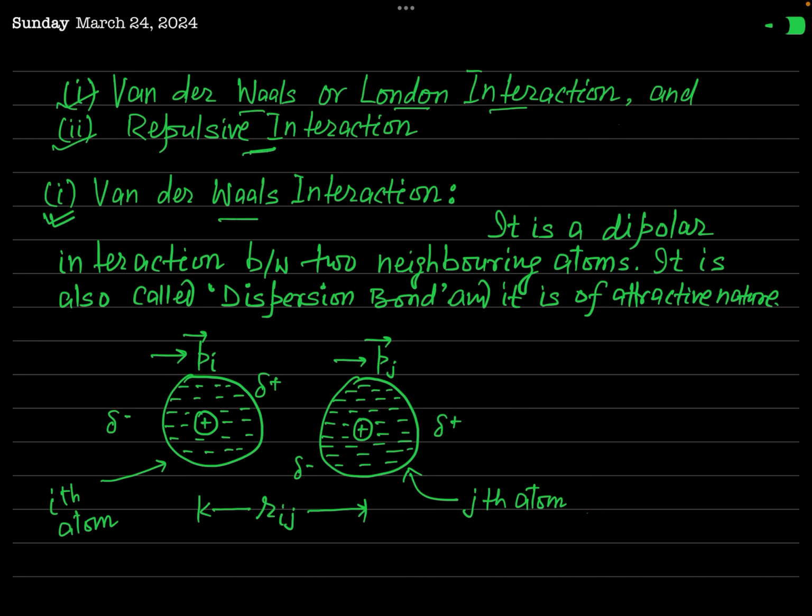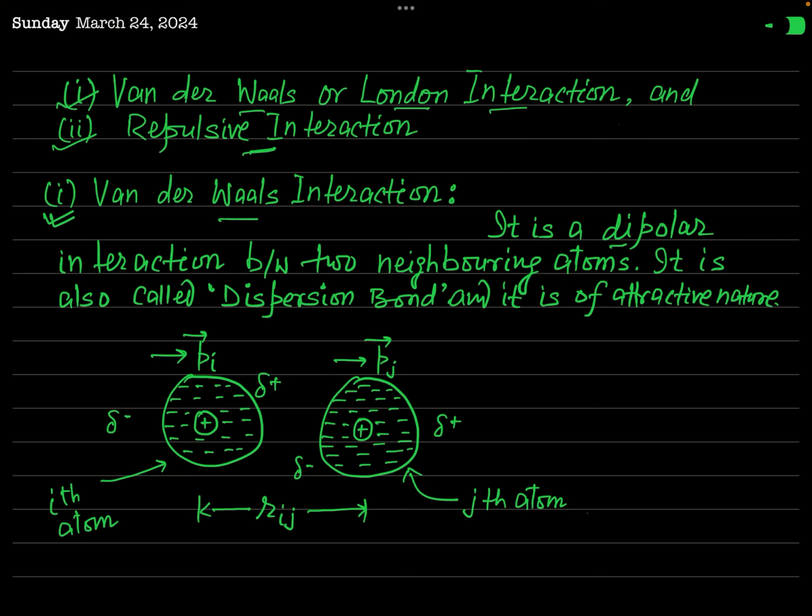This is dipole-dipole interaction, but when the dipoles existing in this case are molecular dipoles which are produced due to the mutual interaction. So you can say that van der Waals interaction is not a very strong interaction, it is a weak interaction, and it is a dipole-dipole interaction, or we also call it dipolar interaction.